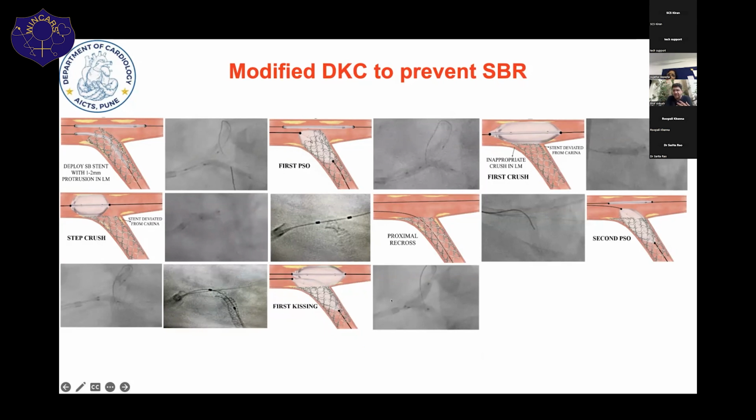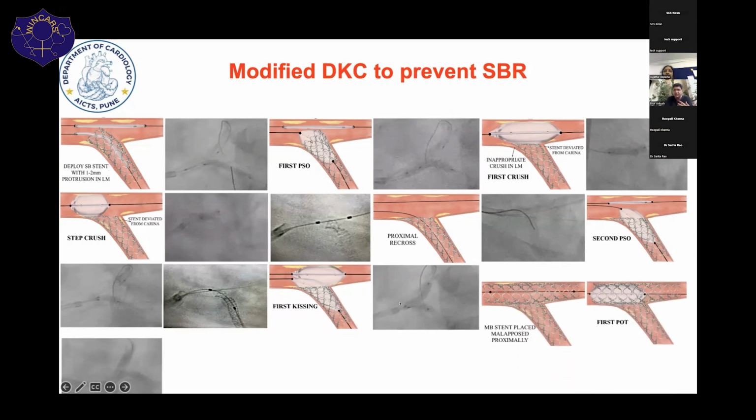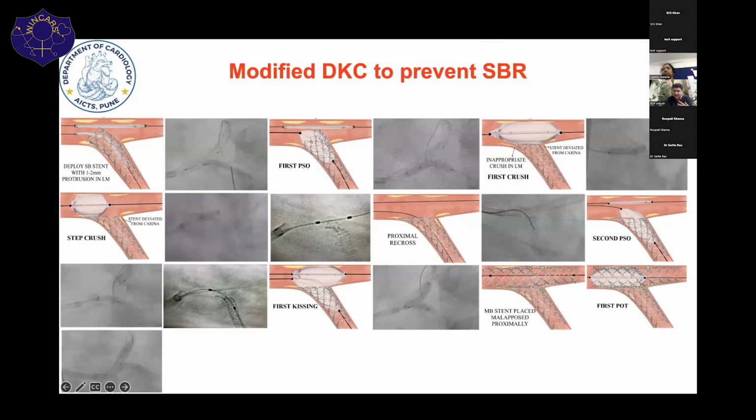After you have done the first kissing, take out your balloon and place a main branch stent as per the distal reference diameter of the main vessel. Then you do POT. Whenever you are doing POT with a conventional balloon, put your marker at the carina, as one can appreciate here that the POT is being done and the marker of the balloon is at the carina.